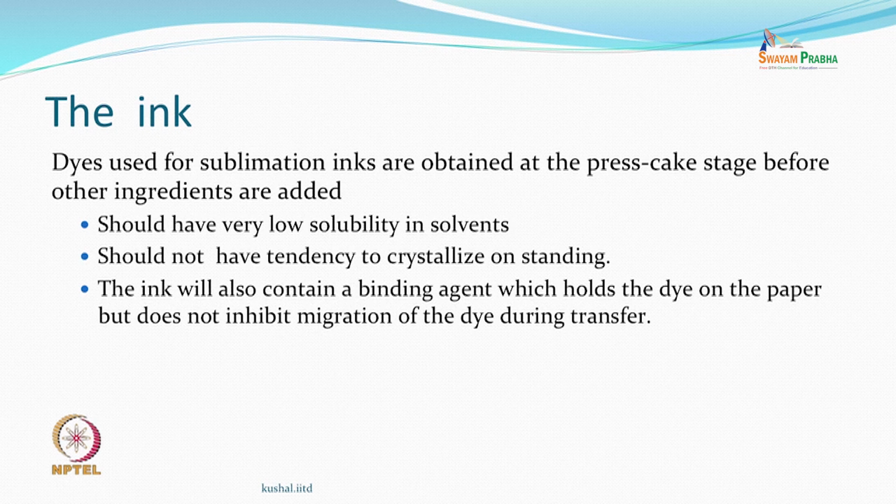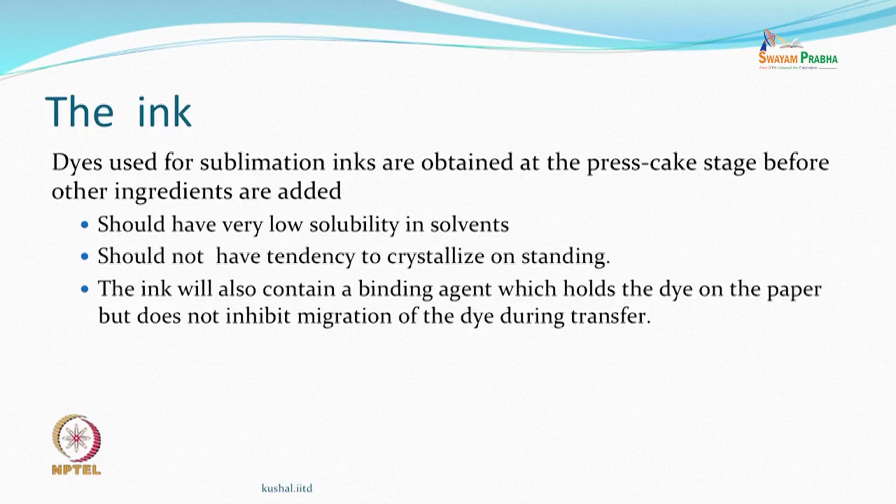You can never say that the migration will not be inhibited, but then you can give a little more time. So the film also should be such that it does not really like the dye so much. So affinity should not be very high, and the quantity of this binder should also not be so high, because if you have more quantity, then obviously some hindrance can occur.